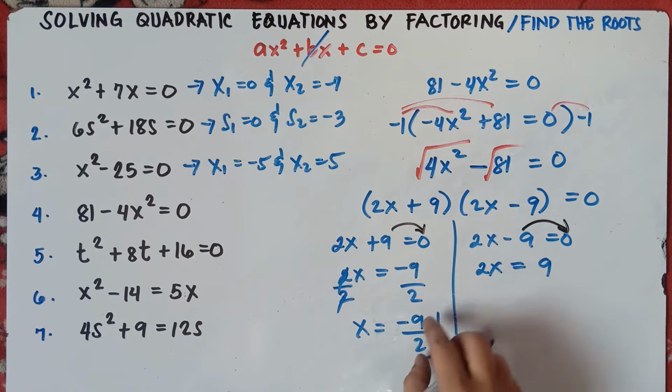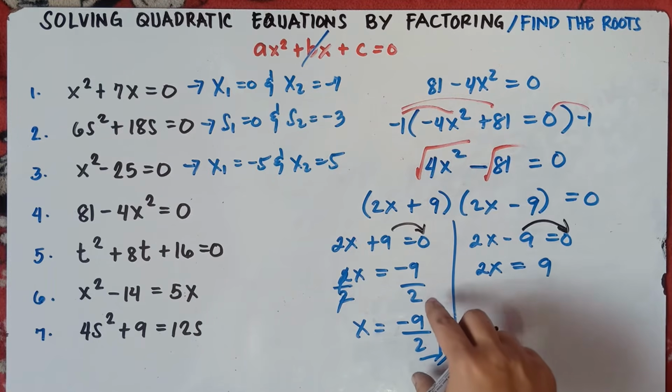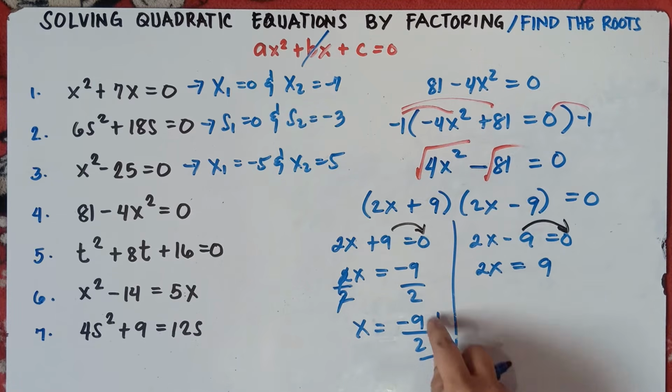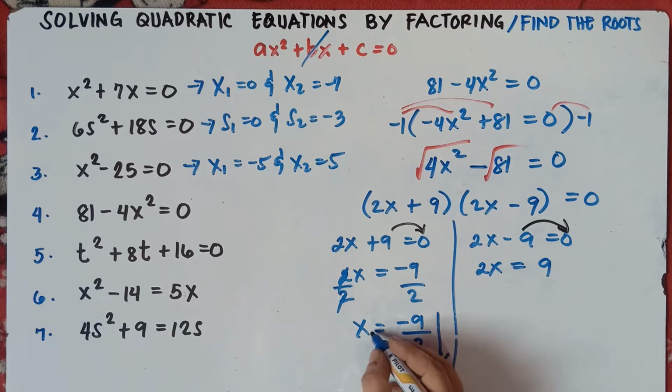If you can reduce the fraction to the lowest term, it's mandatory, class, that you always reduce the fraction to the lowest term. But since we cannot reduce this one, 9 over 2, because 9 cannot be divided by 2, this is our final answer for x sub 1.